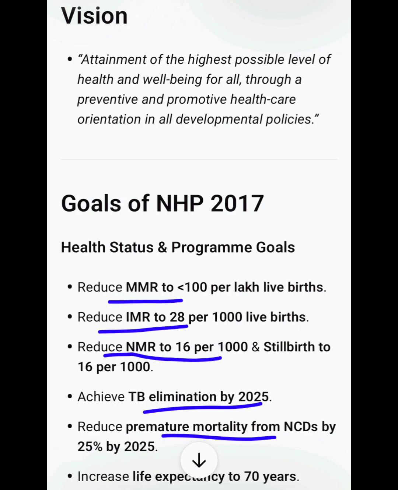We have to achieve TB elimination by 2025, reduce premature mortality from NCDs by 25% by 2025, and increase life expectancy up to 70 years.